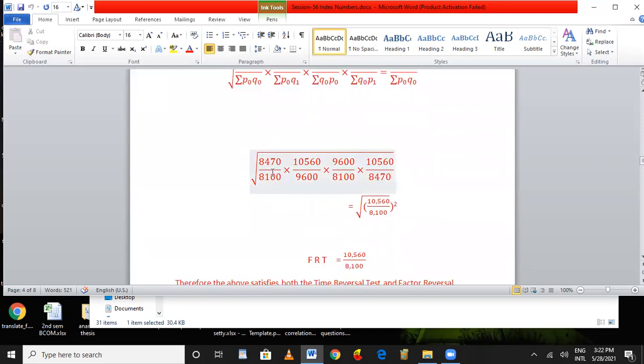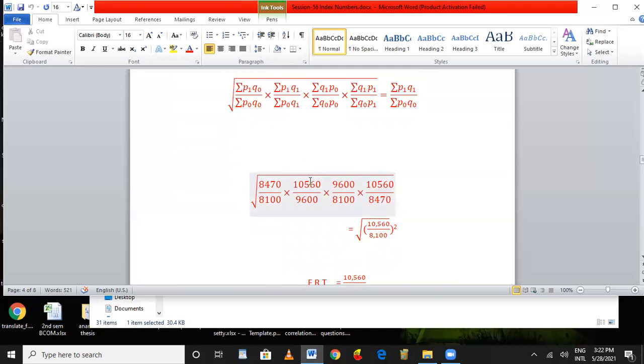Here P1 Q1 is 8,470 and 10,560, P0 Q0 is 8,100, P0 Q1 is 9,600. Again, P0 Q1 is 9,600, P0 Q0 is 8,100, P1 Q1 is 10,560, and P0 Q0 is 8,470.